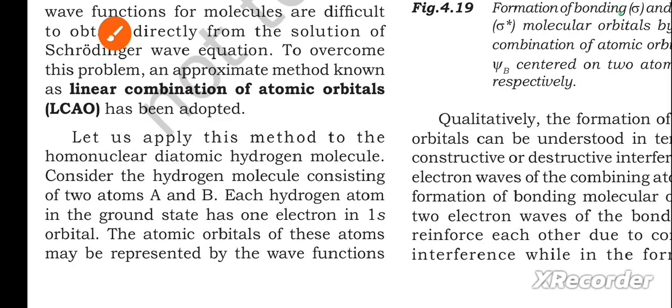Let us apply this method to the homonuclear diatomic hydrogen molecule. Consider the hydrogen molecule consisting of two atoms A and B. Each hydrogen atom in the ground state has one electron in the 1s orbital.